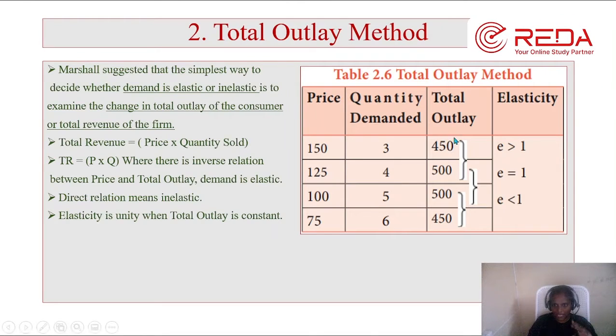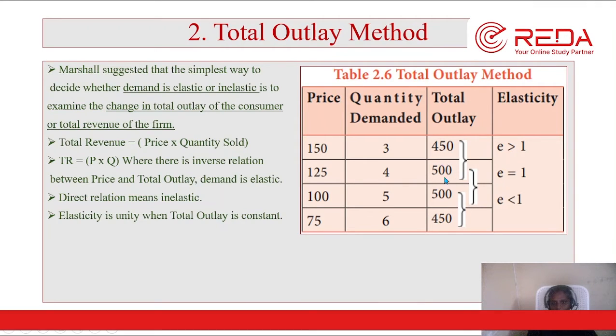At the same time, you see the total outlay, the expenditure of the consumer. When the price is 150, the total expenditure of the consumer is 450. If the price decreases, you are tempted to buy one more commodity, and you are spending 50 rupees more to buy 4 commodities.